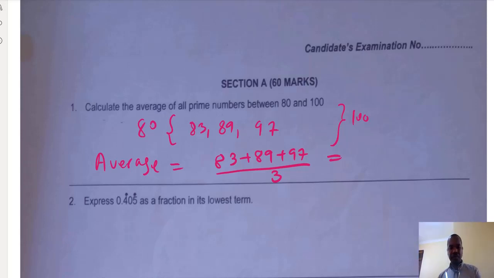When you add these numbers, 83 plus 89 plus 97, the result is 267 divided by 3. When you divide it by 3, you get 89.